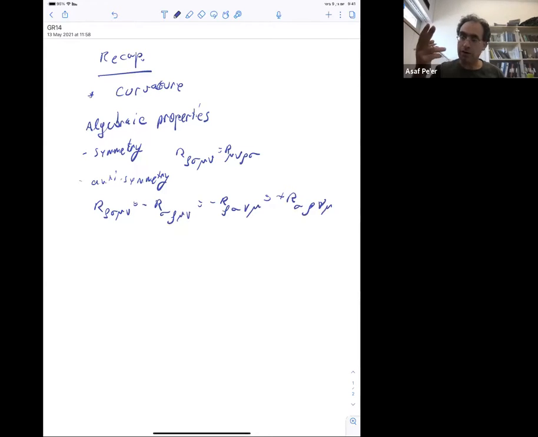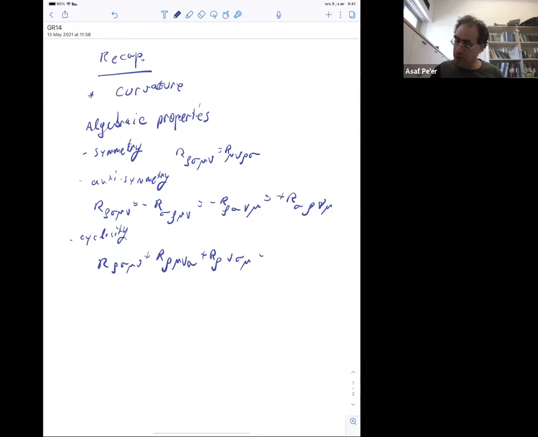If you take one of the first pair and one of the second pair and interchange them, it's anti-symmetric. We spoke about cyclicity in the last three indices: R rho sigma mu nu plus R rho mu nu sigma plus R rho nu sigma mu is equal to 0.